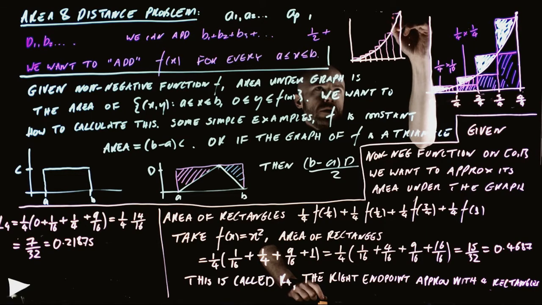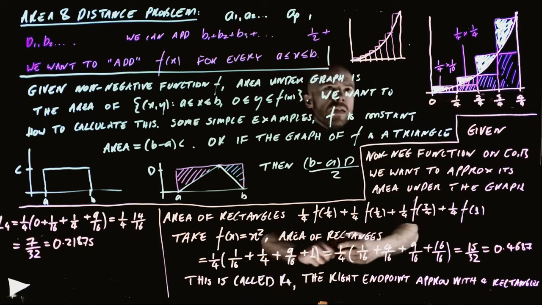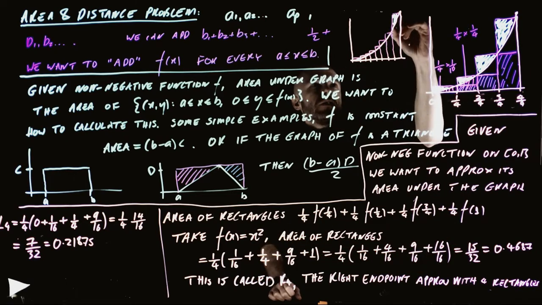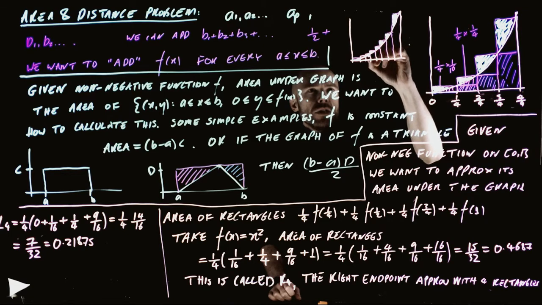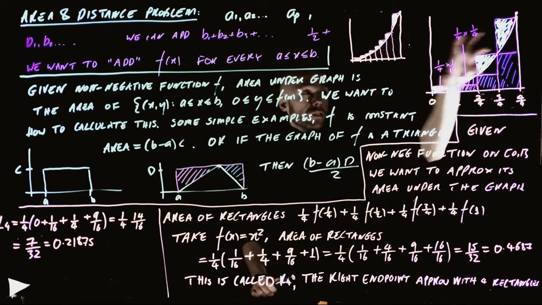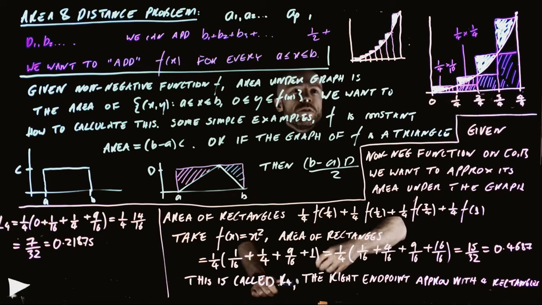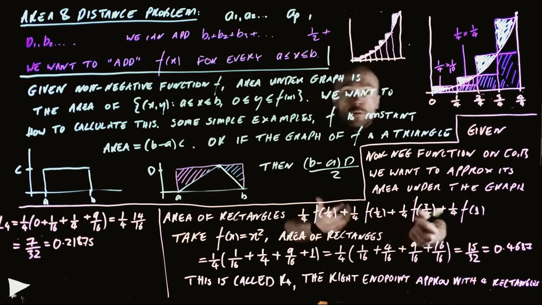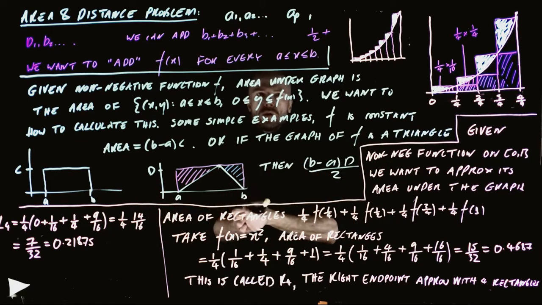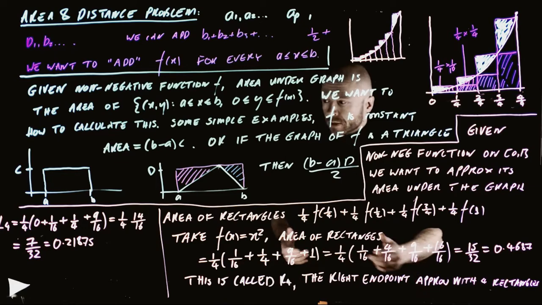So this picture really is not particularly good, but now the excess that we have is this stuff here, this stuff here, this stuff here, this stuff here, this stuff here, this stuff, this stuff, this stuff. And the total area of this is a lot less than the area of that, right? So we have much less overcounting if we cut them up in smaller pieces. And if we cut up the base into even smaller pieces, it gets better and better and better.